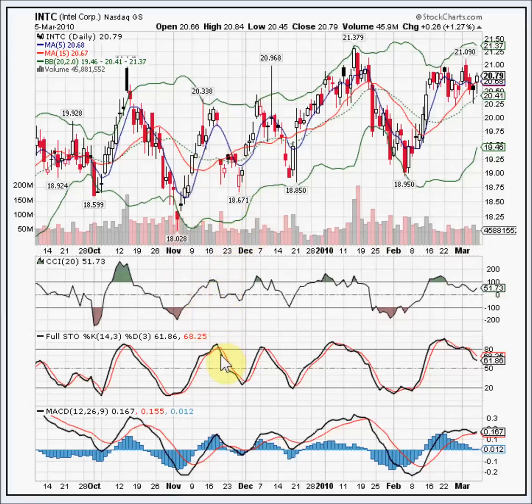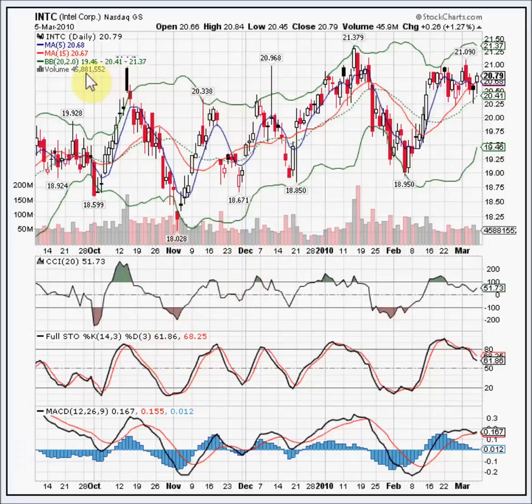It will also tell you to bail out when it does get to the 0 line and turns back. I don't see any real good examples of that. Okay. Now, unfortunately, the MACD for Intel is a lagging indicator. I'll show you other ones where it is actually moving ahead of the other two indicators here.